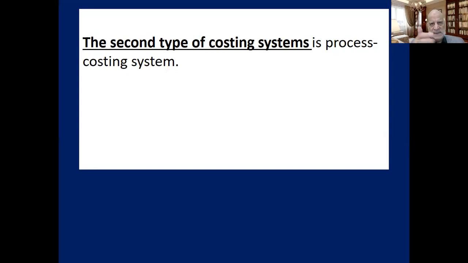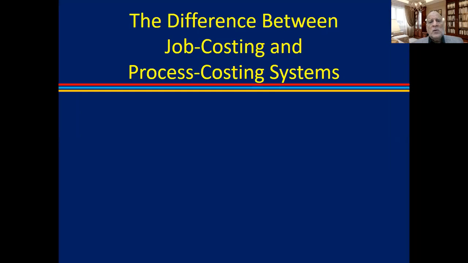But in our text, we shall illustrate and discuss only the two main basic types of costing systems. To make it easy, we can illustrate the differences between the two systems in the following exhibit.